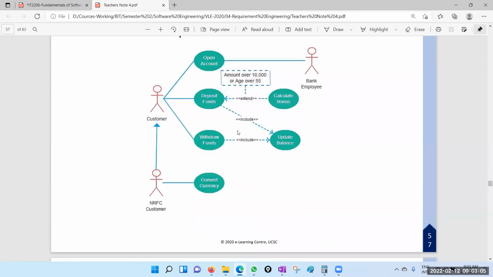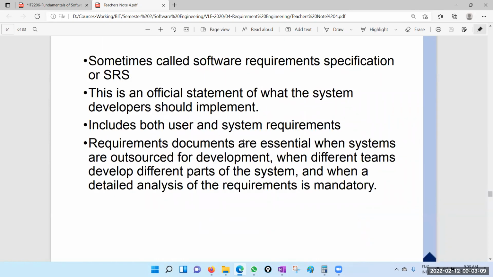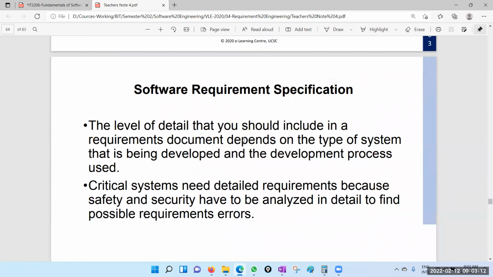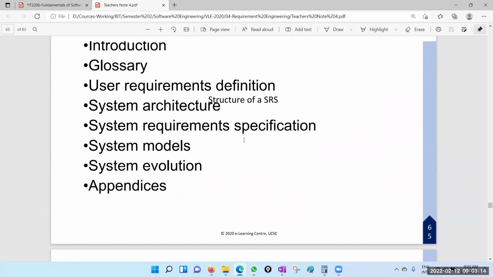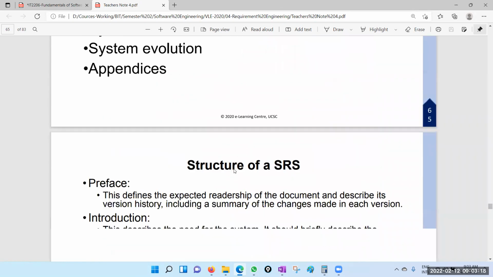So these are some include relationships. And the content of a system specification is also there. Okay.